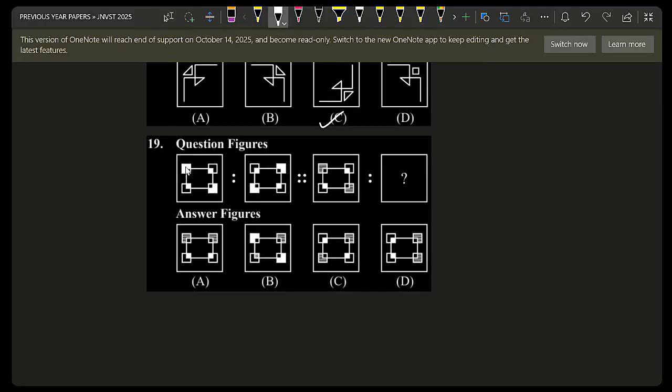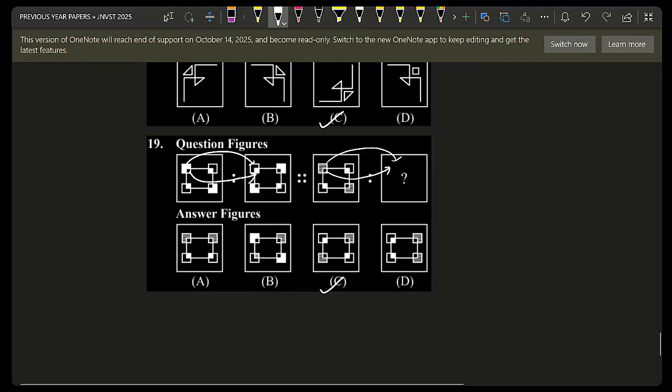So this part is shaded, and when it goes there, it becomes unshaded. This part is unshaded, it became shaded. So this relationship is identified everywhere. The same thing we are going to do. So this should be unshaded and this should be shaded. This pattern you can see in option C. In option C, the shaded and unshaded parts are exchanged.